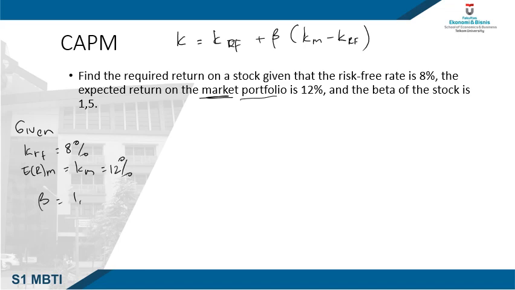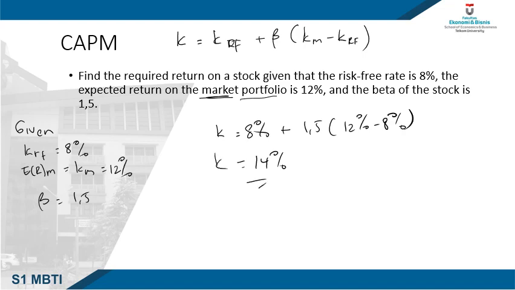Beta is 1.5. So the answer is K of that stock: KRF is 8% plus 1.5 times Km, 12%, minus 8%. So that will give you 8 plus 1.5 times 4, which gives you 14%.